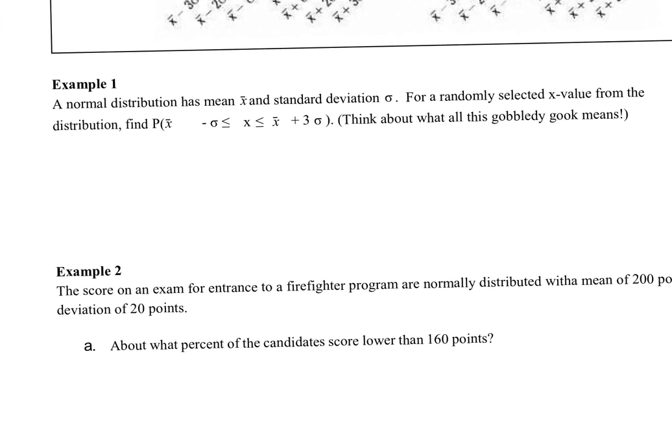Example 1. A normal distribution has mean and standard deviation. For a randomly selected x value from the distribution, find the probability that it's between the mean minus one standard deviation and the mean plus 3. So what this is saying, this x is somewhere in between. Take away one standard deviation or add 3.